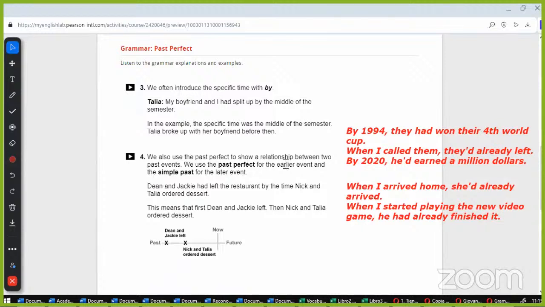We use the past perfect for the earlier event and the simple past for the later event, as you did here. When I arrived home, this is the later event. She had already arrived. So this is the earlier event. And when I started playing the new video game, that's the later event. He had already finished. That's the earlier event.